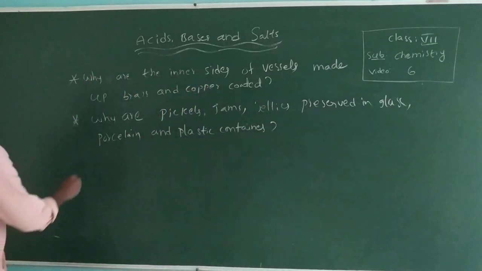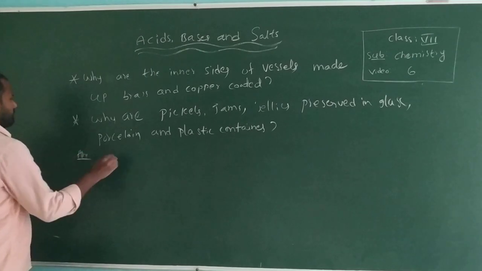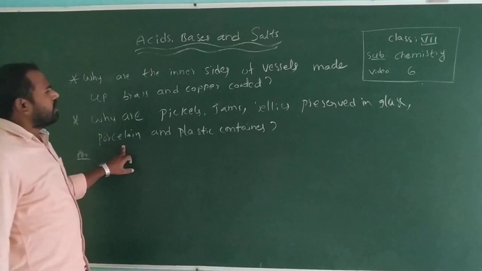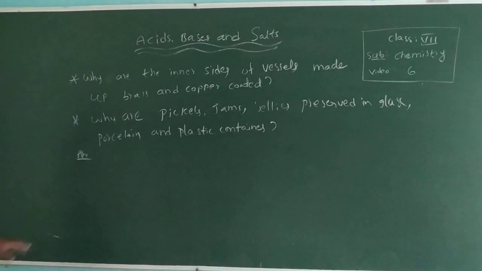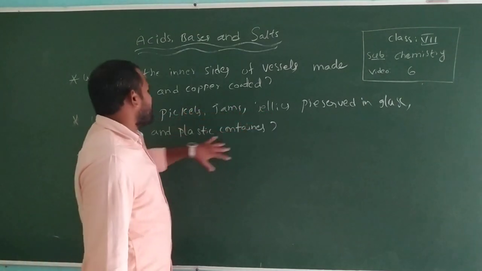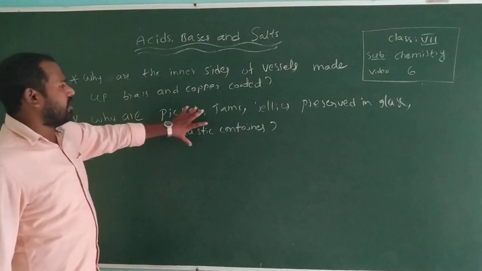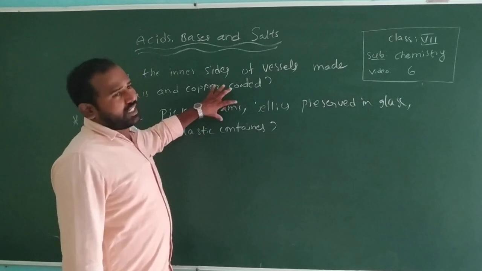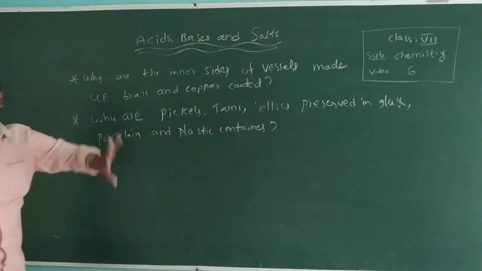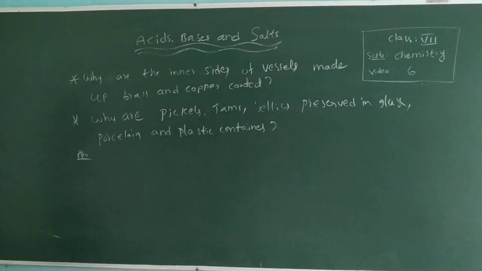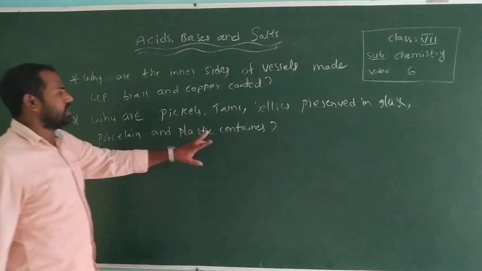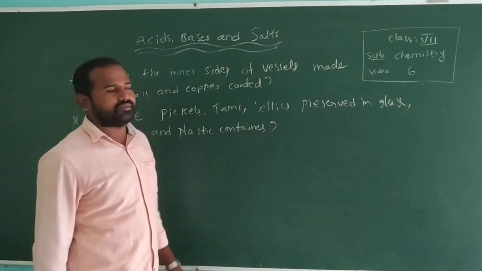Okay, so the answer is: generally acids do not react with plastic, glass and porcelain containers. Simply you can write it. If they are stored in metal containers, acids can easily react with the metals. To prevent that reaction, they can be preserved in glass, porcelain and plastic containers.